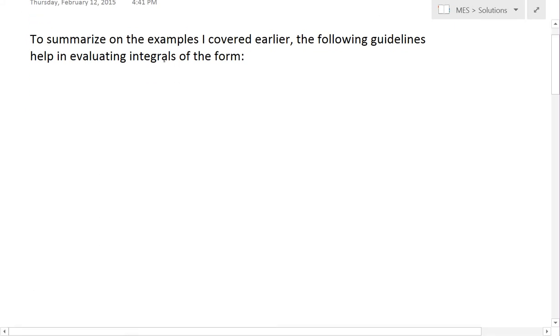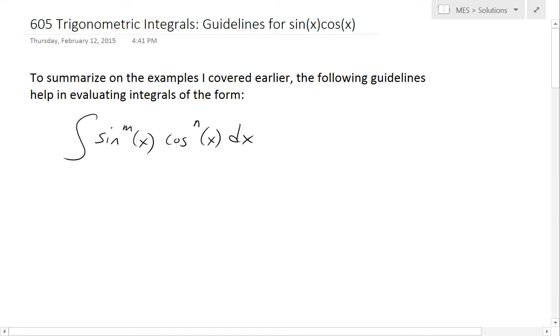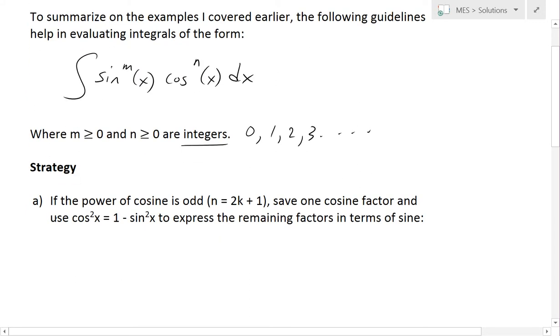Basically, to summarize the examples I covered earlier, the following guidelines help in evaluating integrals of the form sine to the power of m of x times cos to the power of n of x dx, where m and n are integers greater than or equal to 0. For example, it could be 0, 1, 2, 3, and so on. So this is the strategy.